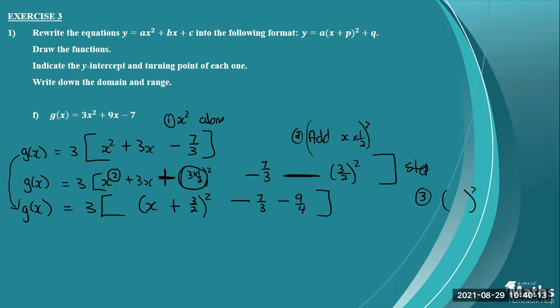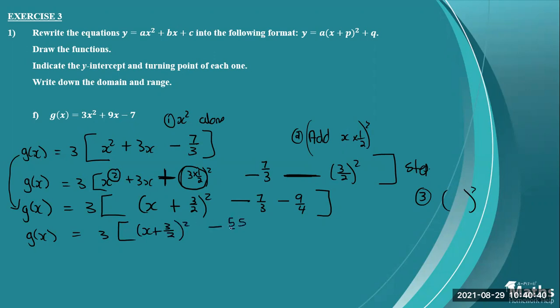So it's minus fraction 7 over 3 and minus fraction 9 over 4. That gives me, just rewrite this first. So that's 3. And keep that square bracket until you are ready to multiply in the 3.